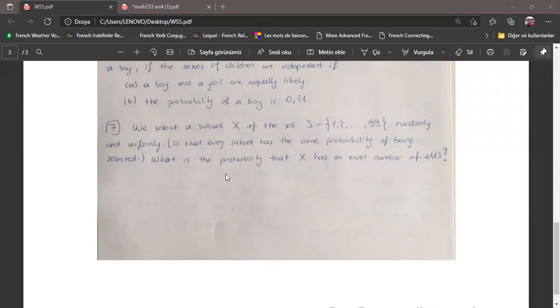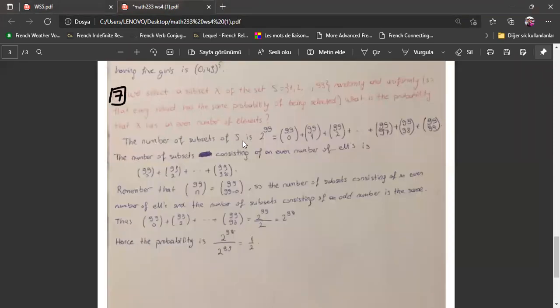Now look here. We know S has 99 elements. Now what's the number of subsets of S? It's this, right? 2 to the 99. How do we compute it? Why is it equal to that? Selecting a subset of S having no elements is 99 choose 0, which is 1.